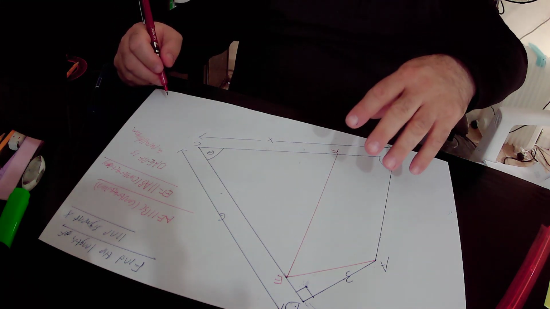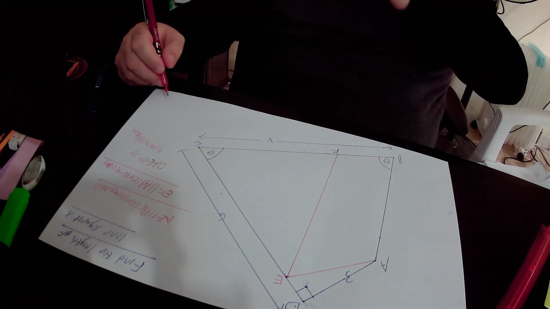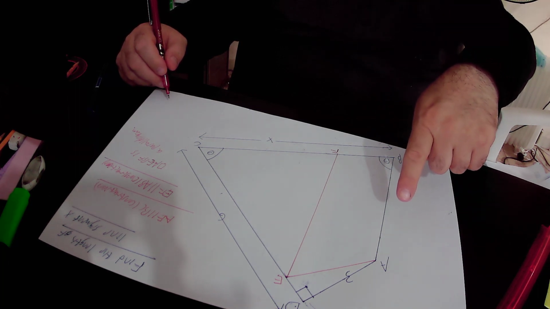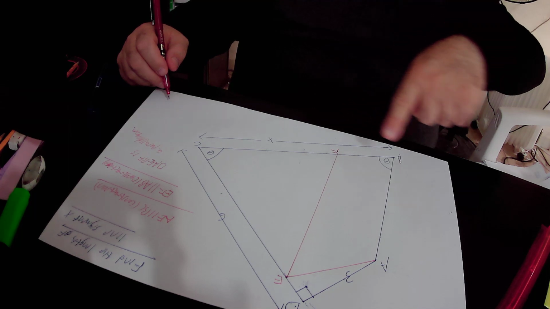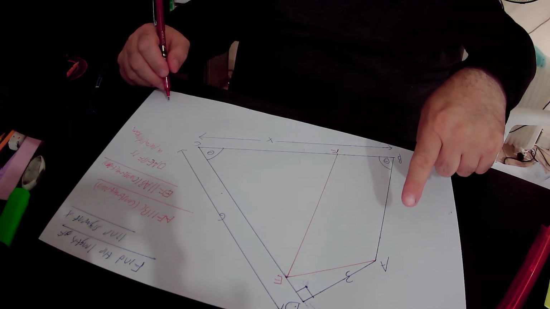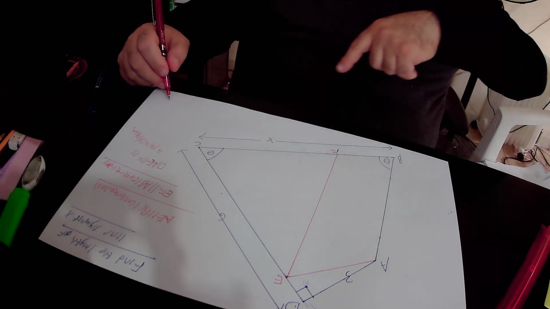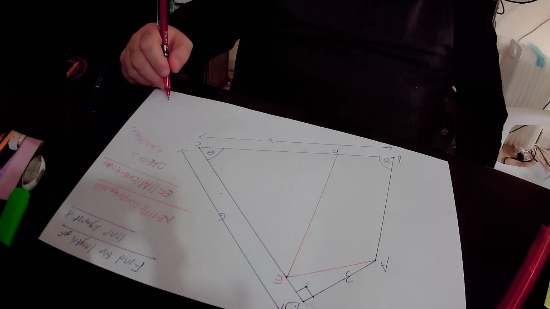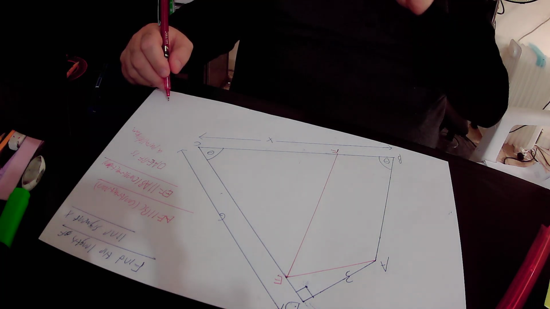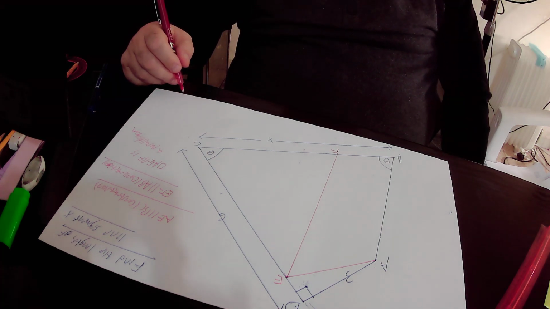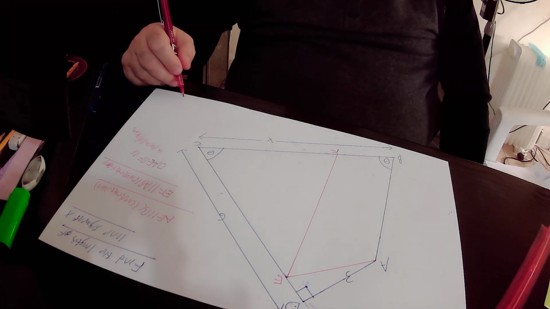Because it has two couples of sides that are parallel to each other. The first couple is AE parallel to BF, and the second couple in this parallelogram is AB parallel to EF. And this is exactly the definition of a parallelogram. Any quadrilateral that has two couples of sides that are parallel to each other is defined as a parallelogram.